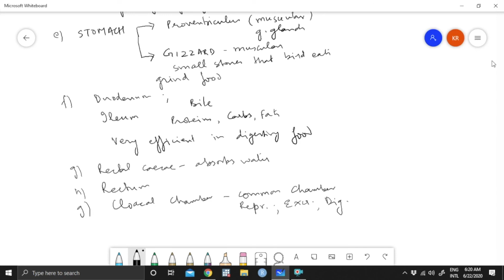So all the three, wastes or whatever products from the reproductive system, will all go through this cloacal chamber and will ultimately come out through an opening which we call the cloacal opening.